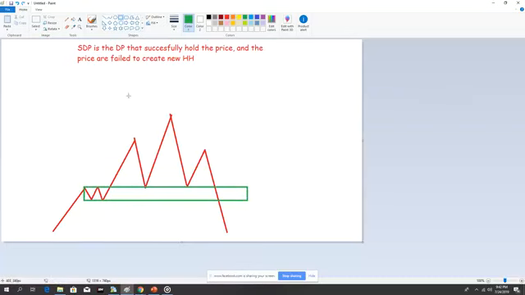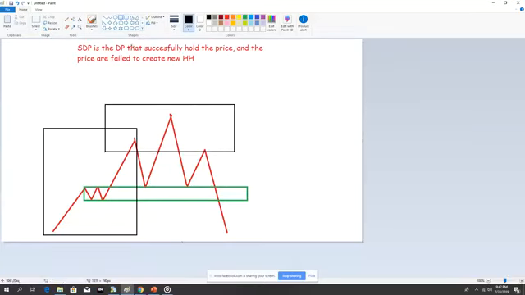So this is the first phase, and then this is the second phase. Third phase, reaction by rejection. This is the SDE. This is the SGB here.